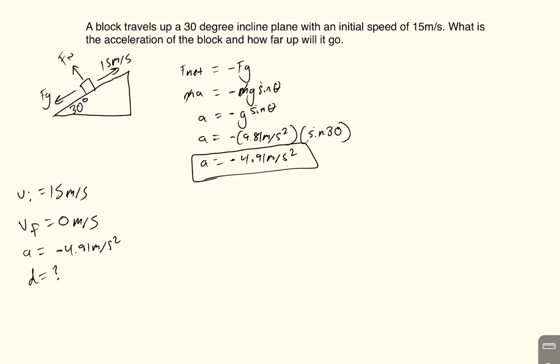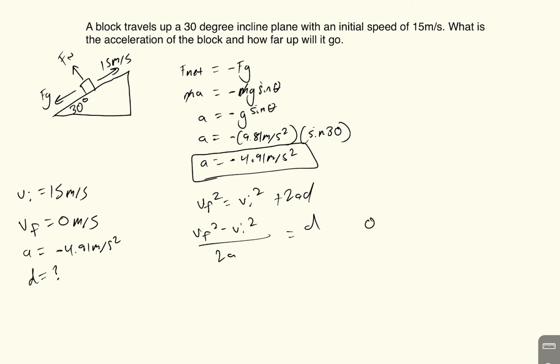So if you haven't noticed already, we can use the same equation we used in the previous example. Vf squared is equal to Vi squared plus 2AD. We'll just rearrange it a little bit. So to solve for D, we can just go Vf squared minus Vi squared divided by 2A is equal to D. We can plug our values in.